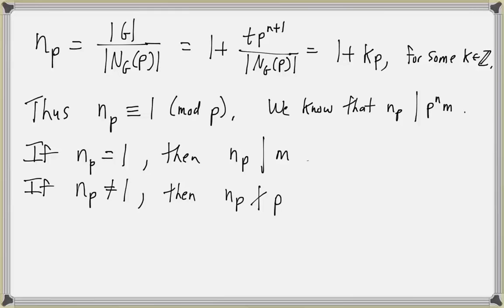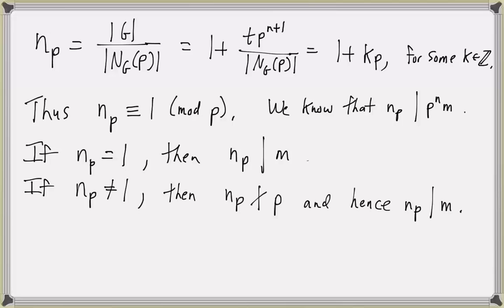Then n sub p cannot divide p, and hence n sub p must divide the factor m, because it divides the product p to the n times m, and if it doesn't divide any of the primes p, it must therefore divide m. So if n sub p equals 1, then clearly n sub p divides m, but if n sub p does not equal 1, then it still divides m.